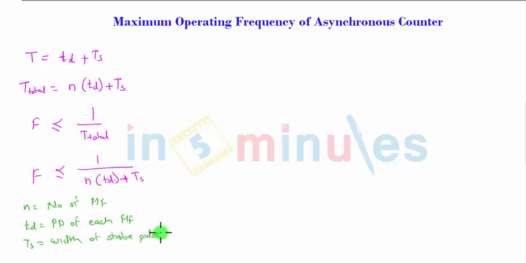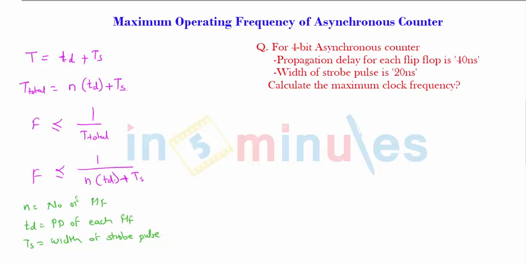Okay, so on the basis of that, let us see one problem in which we are asked: for a 4-bit asynchronous counter, the propagation delay for each flip-flop is 40 nanoseconds.